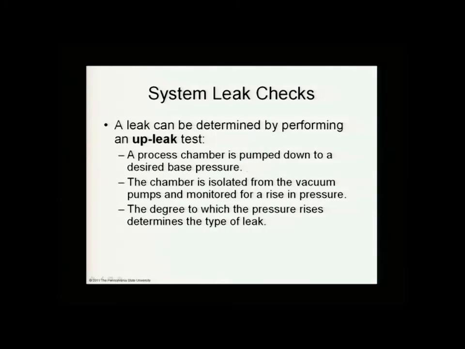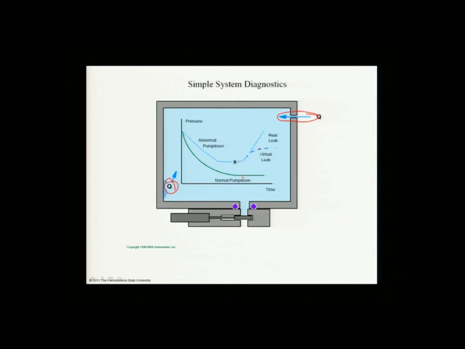The degree to which the pressure rises determines the type of leak. So looking at the behavior, you can figure out, ideally, what kind of leak it is. You should be able to see either a saturating, a plateauing, or this telltale sign of infinite supply continuing to grow like that.